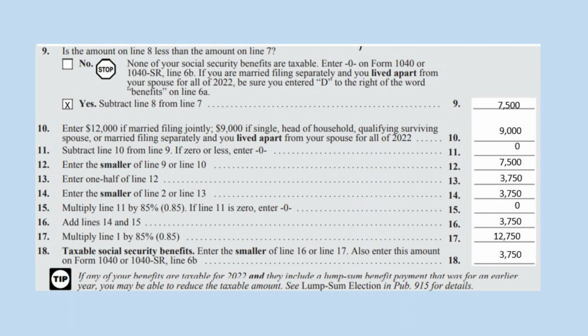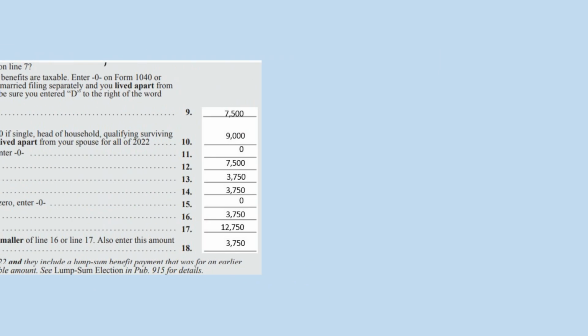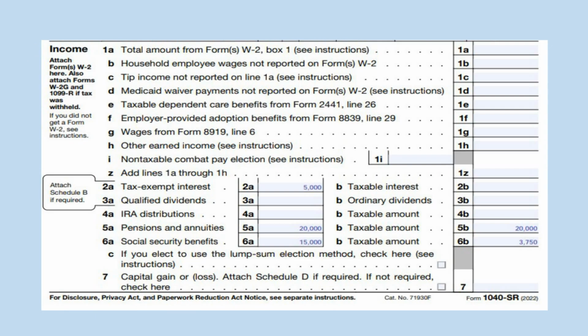On line 16, we'll add lines 14 and 15 together to arrive at $3,750. On line 17, we'll multiply line 1 by 85%, which will be $12,750. On line 18, our taxable Social Security benefits will be $3,750, as that is the smaller of line 16 or 17. We will enter that amount on line 6B of your Form 1040-SR.